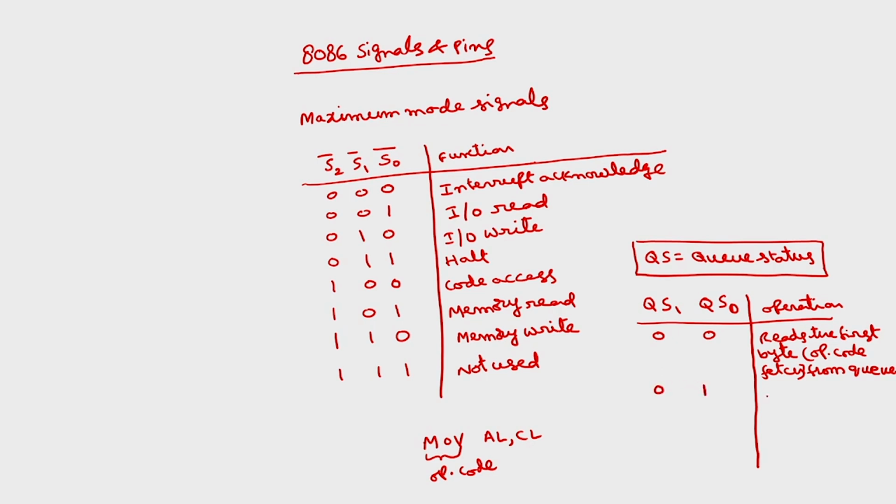0 1 empties the queue. 1 0 is not used. 1 1 reads the subsequent bytes from the queue.